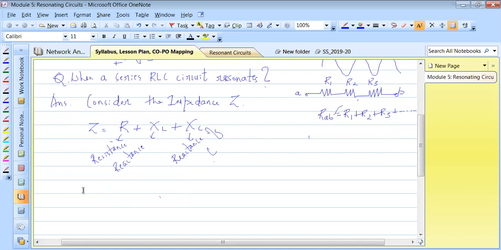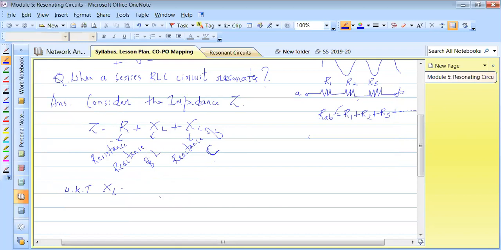Now let's understand one more thing. What is the reactance of the inductor given by? We have said XL is the reactance of L, and this is the reactance of C. What do we know?